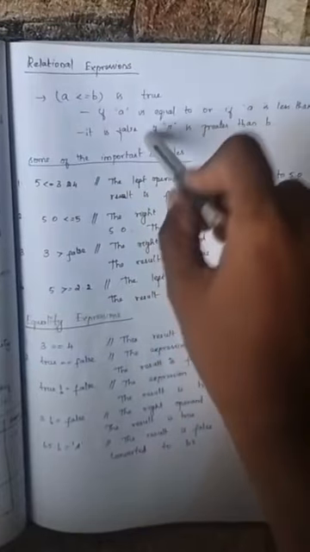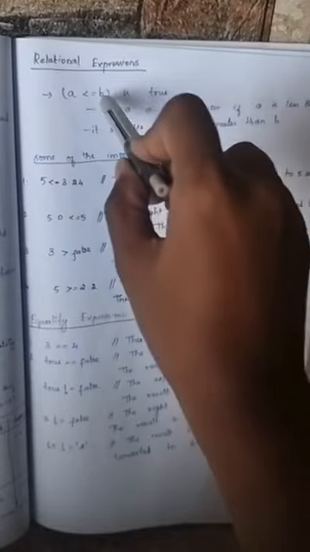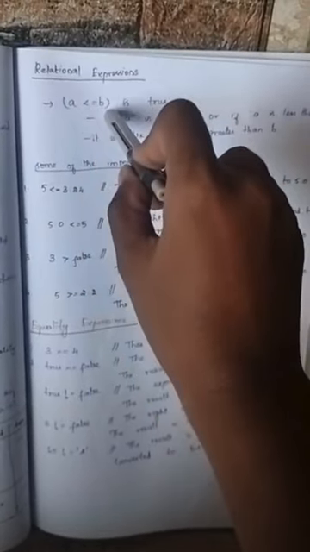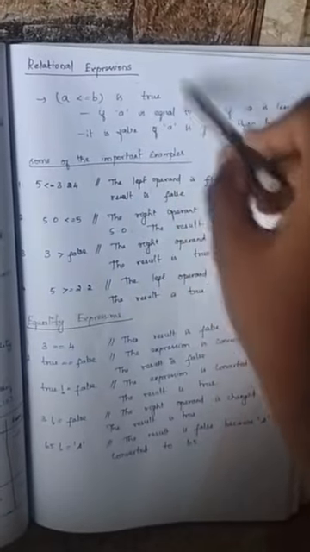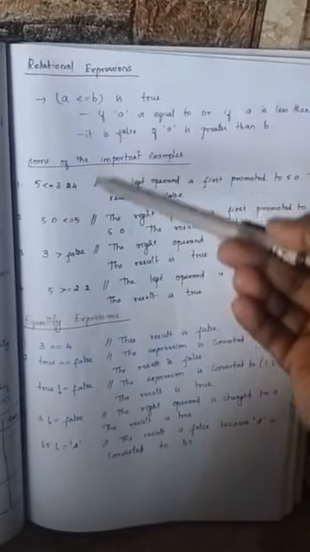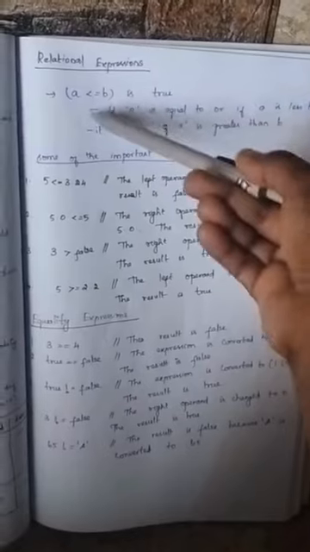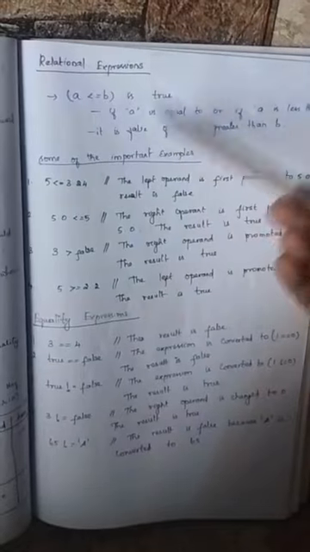If the expression A less than or equal to B holds, then it is said to be true. If A is greater than B, then this particular expression is false.